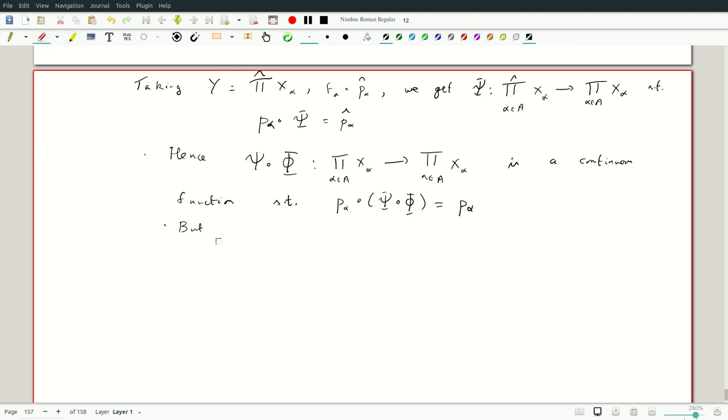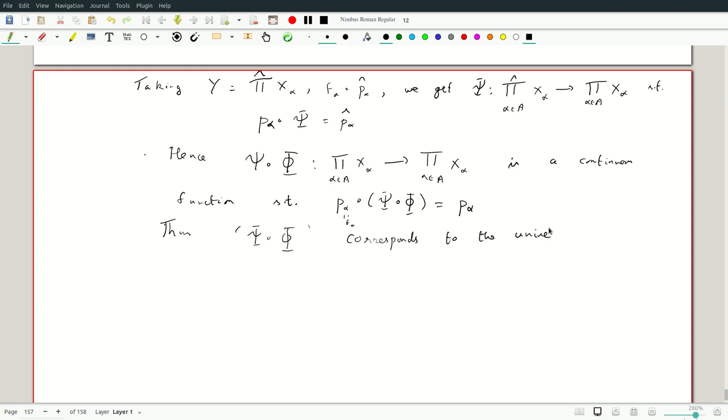So thus, you can say C composed with phi corresponds to the universal property. So we are going to call these F alphas.